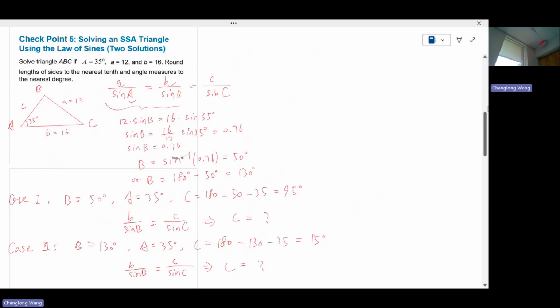Like what's not going to work? Let me ask you why we're checking the second possibility. First off, do you realize that not just 50, 130 is going to work out for the angle B?